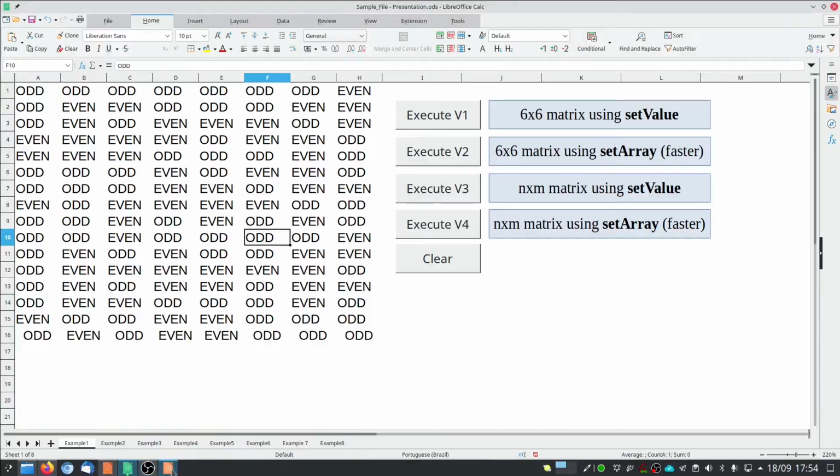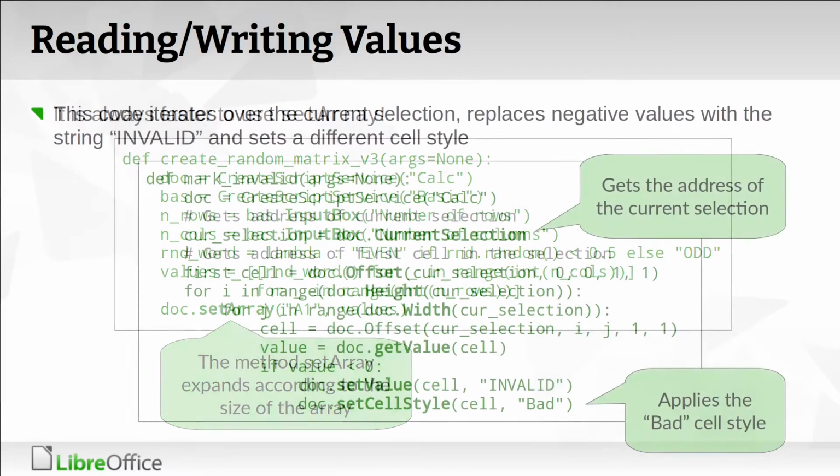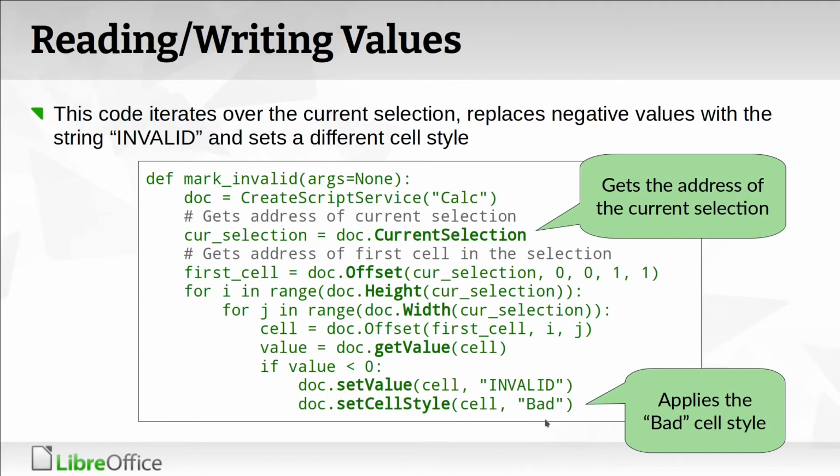Okay, so now moving on. In this example, I show how to use other methods of the calc service. For example, we have the property current selection that returns a string containing the address of the current selection. What I do here is a simple example that gets the current selection.